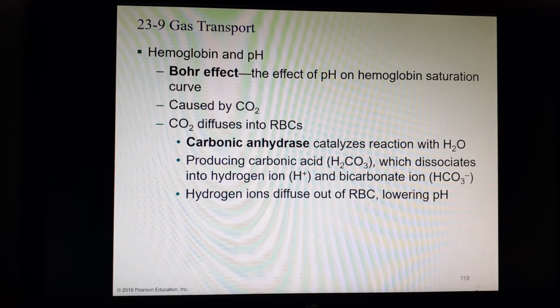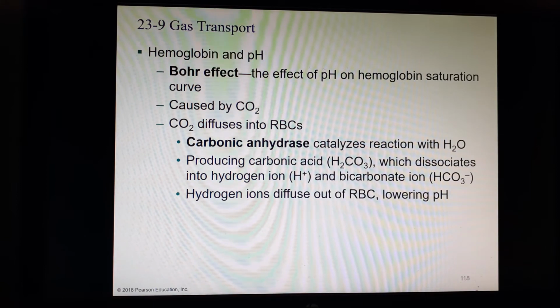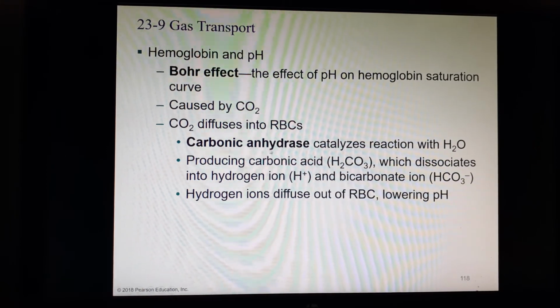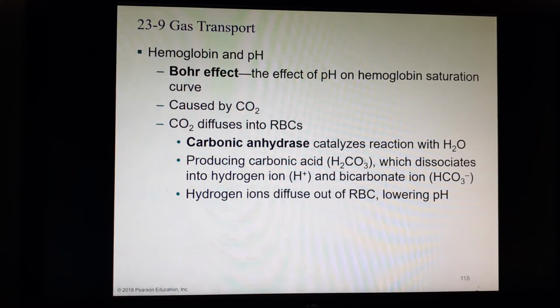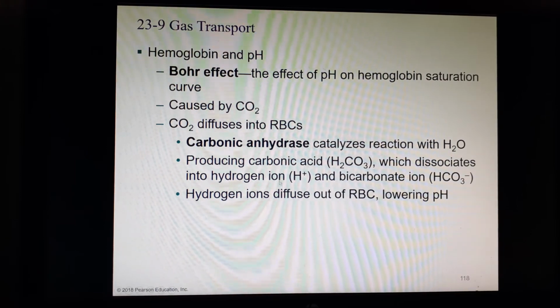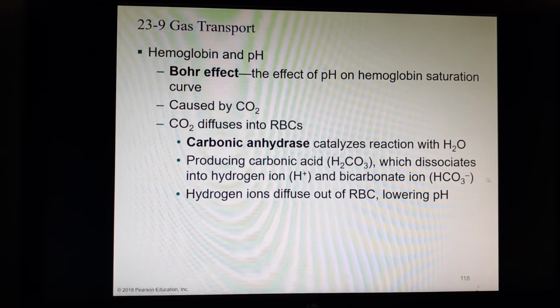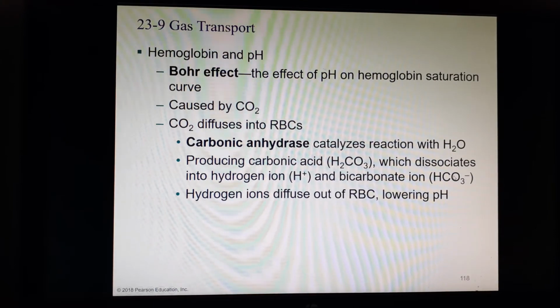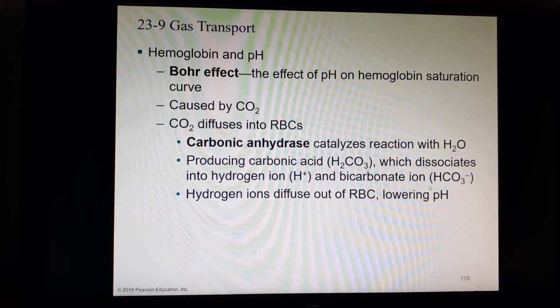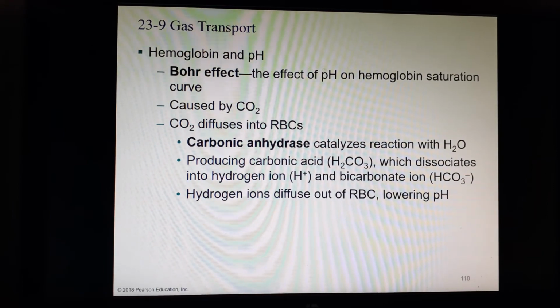So carbon dioxide, being high, diffuses into the red blood cells, and there is an enzyme there called carbonic anhydrase that catalyzes a reaction with water and causes these two products, carbonic acid, and then carbonic acid, you can tell is an acid, will come apart and release hydrogen ions and bicarbonate ions. This is called the carbonic acid bicarbonate buffer system. This is what usually keeps the pH of your blood rather constant.